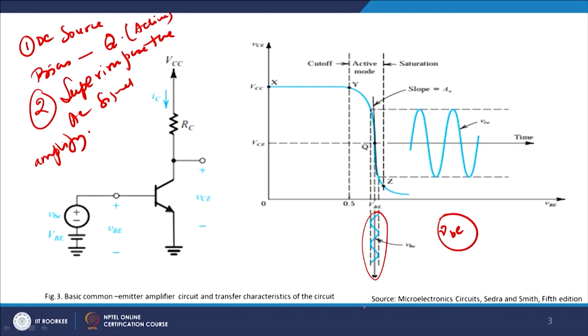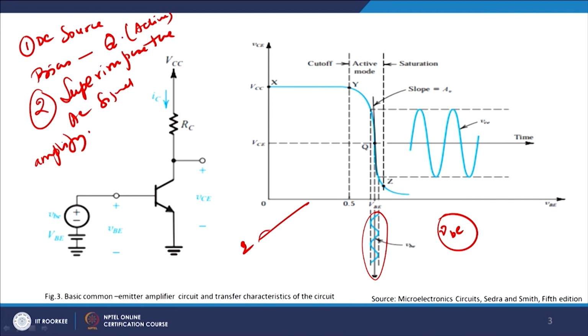I have a DC bias, say 2 volts, and superimposed on that I have my small signal AC signal. One important point I should make here is that there is a limit on the input AC signal.